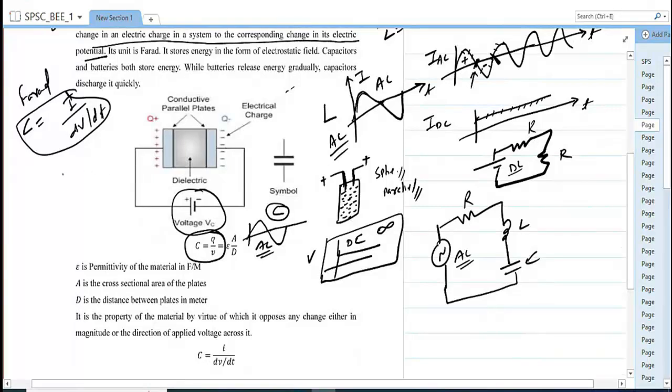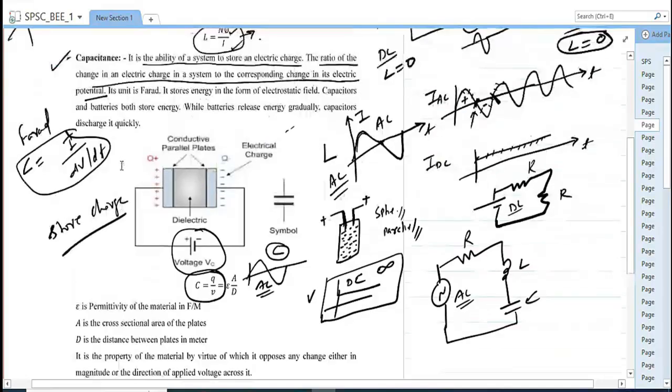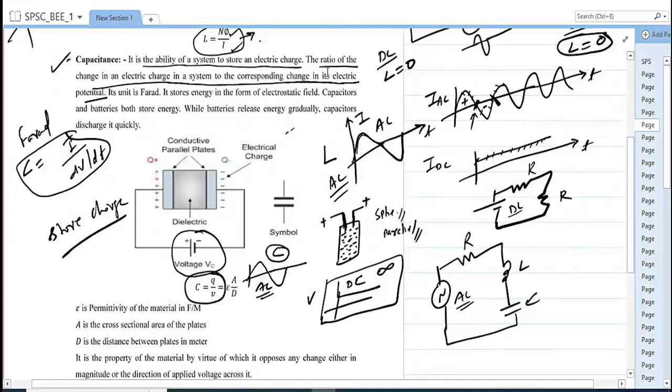Means it is the capacity to store the charge, and it is the ratio of electric charge in the system to the corresponding change in electric potential. Means to store that much amount of electric charge, how much potential change is required. That is capacitance.